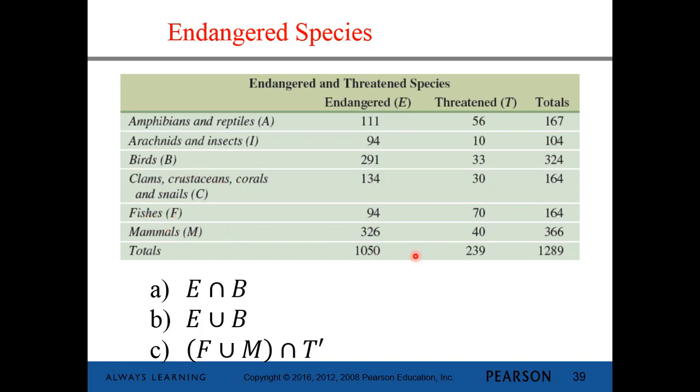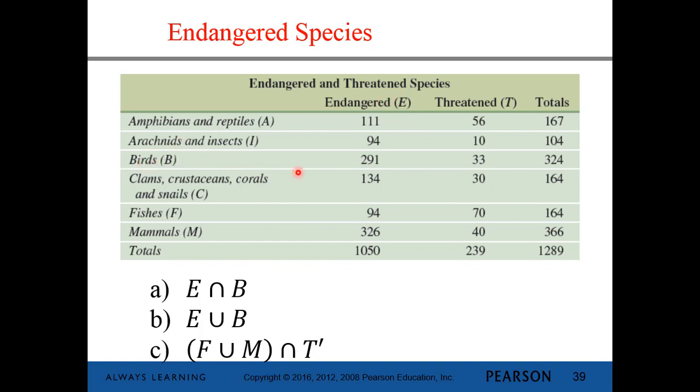Okay, so we got our totals. We got our column totals right here, our row totals, and our total totals. This is what we would call a contingency table. Now looking at these as different sets, we want to know what's the intersection of E and B. Well, what's in both E and B?